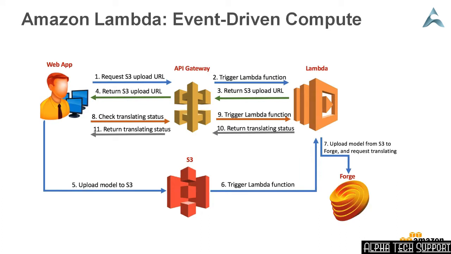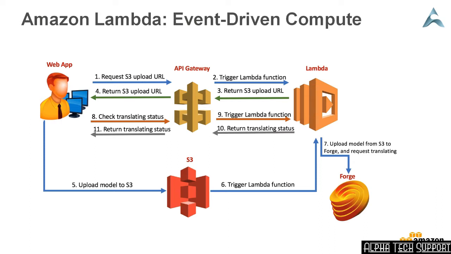Suppose a web application makes a request for an S3 upload URL to upload some content to S3 storage. It goes to the API Gateway, which in return triggers the Lambda function. The Lambda function returns the S3 upload URL, the link where you can upload. The link is passed by the API Gateway to the web application.